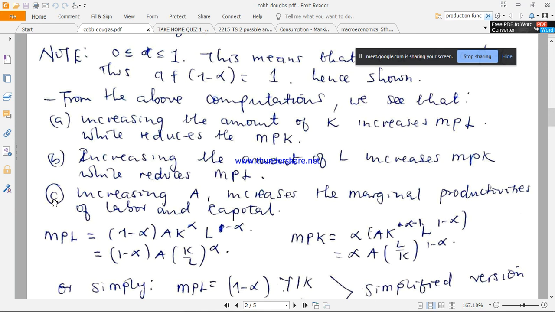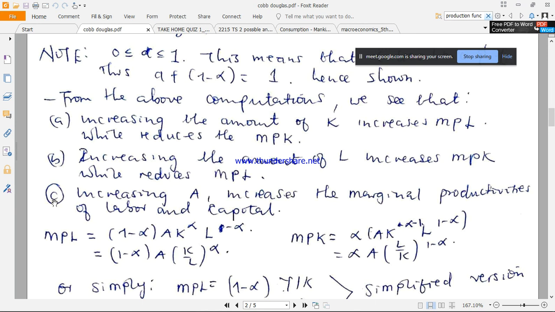If you increase technology, then people find it easy to work. Even the machines that we're using have higher productivity now that there's this new technology you have introduced. So if you increase technology, the whole production function is going to increase.